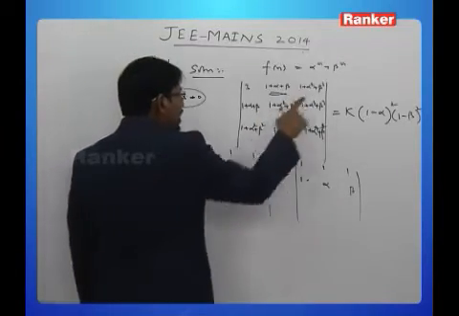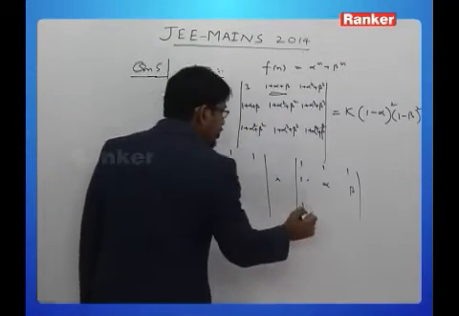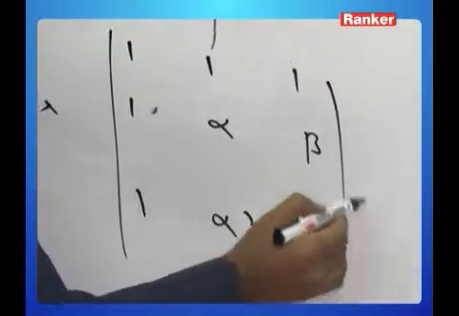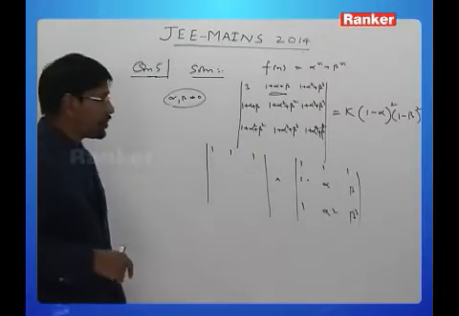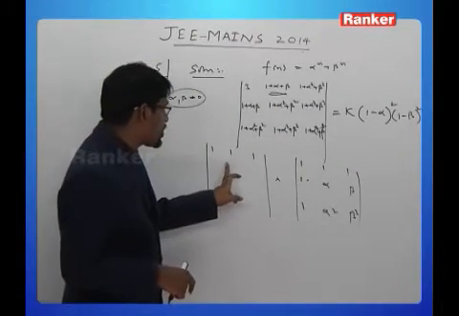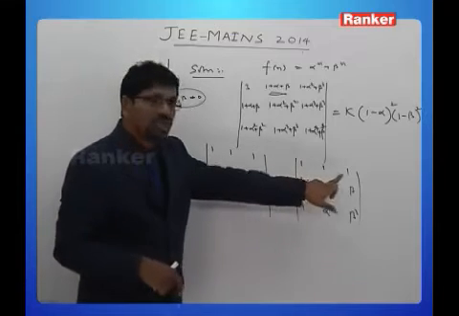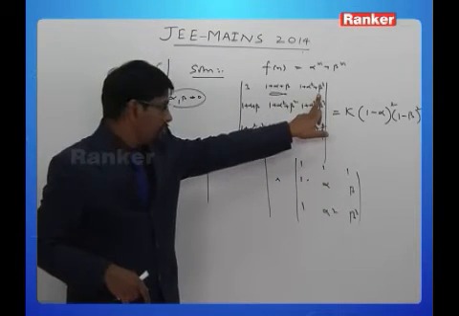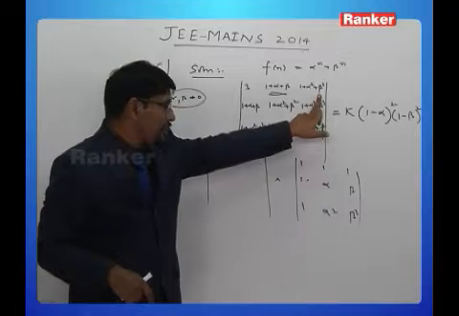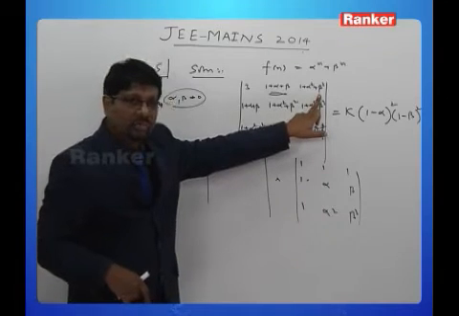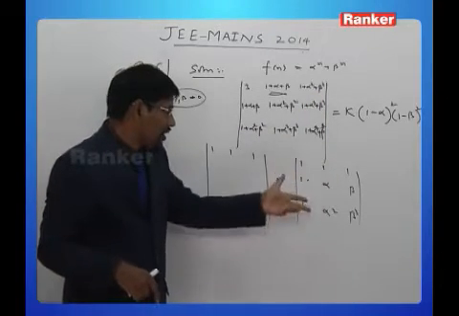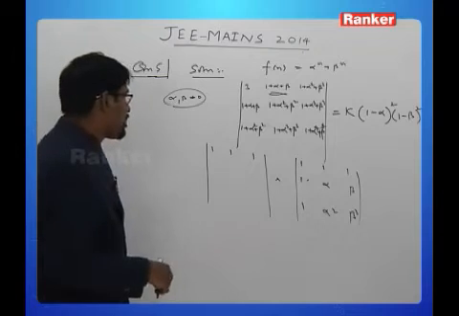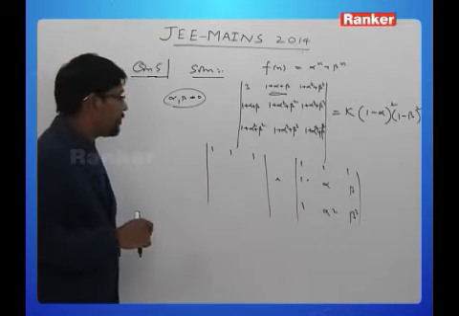To get this here, I should be multiplying this with alpha square beta square. So I am getting that. The first row of the first determinant is multiplied with the first row, second row, third row to get these entries. Because we know that the determinant of a matrix is equal to the determinant of its transpose, we could even transpose it and multiply as general matrix multiplication.